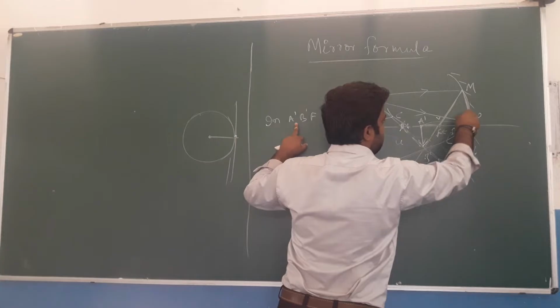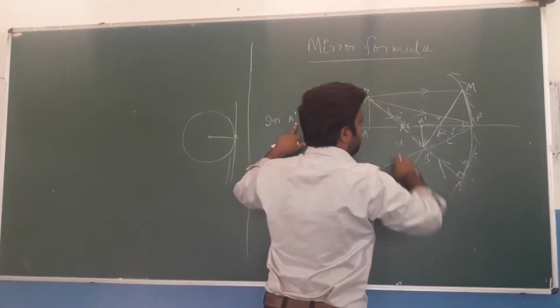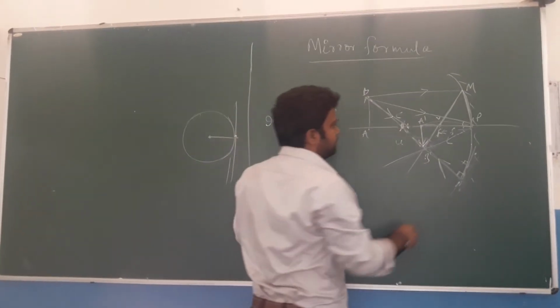We will consider that PM and AB are equal, and it is also 90 degrees.